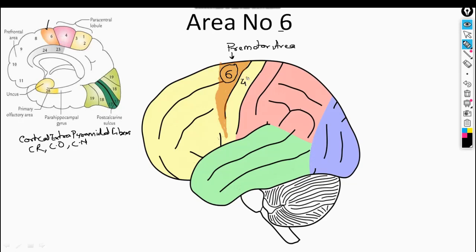As you are aware, posterior to this premotor area here is area number 4. So this area number 4 is the primary motor area. This premotor area and this primary motor area together are known as the primary somatomotor area.